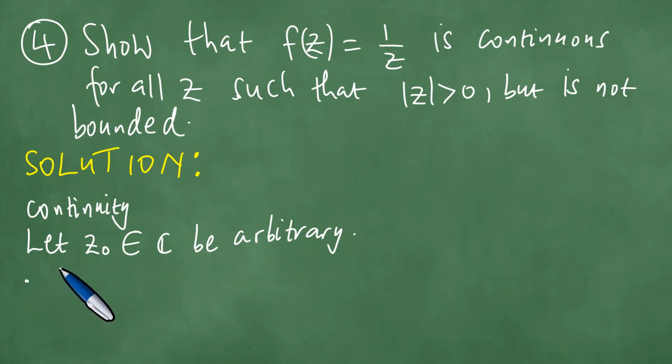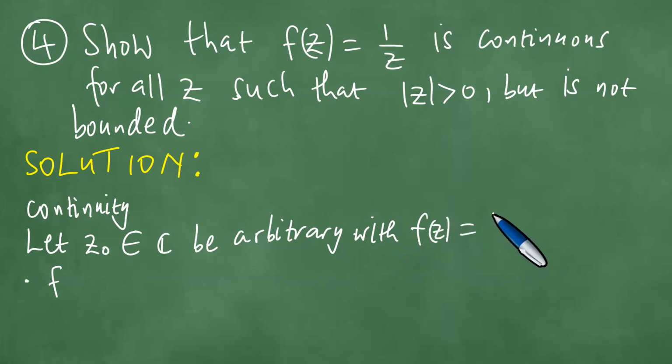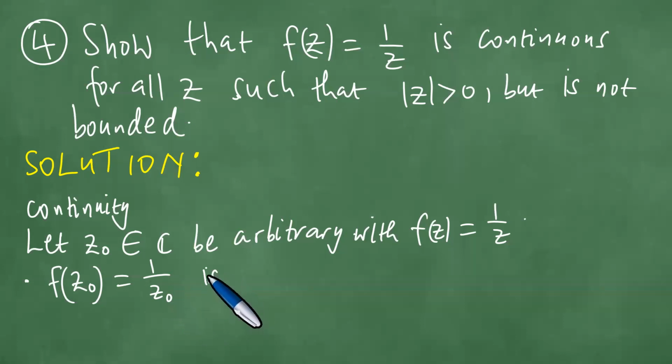The first point is to notice that, with z0 arbitrary, we can state here f of z equals 1 over z. So f of z0, which is 1 over z0, is defined.